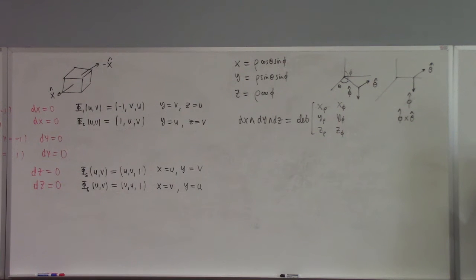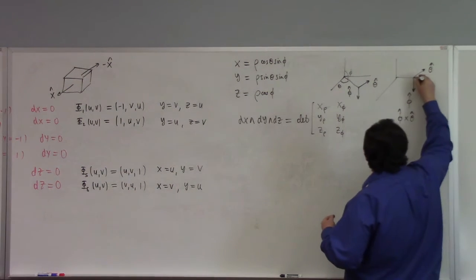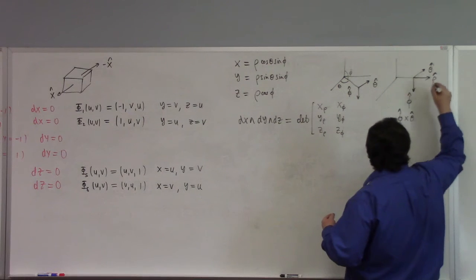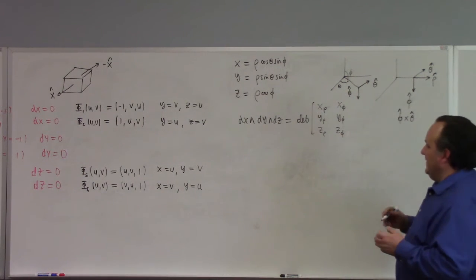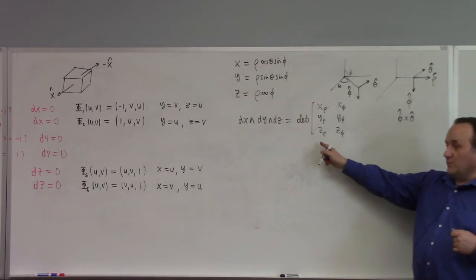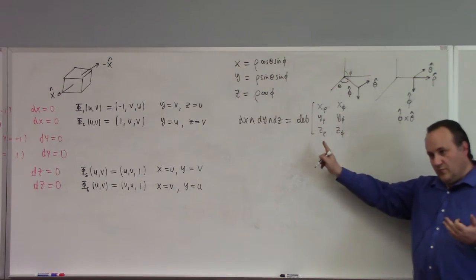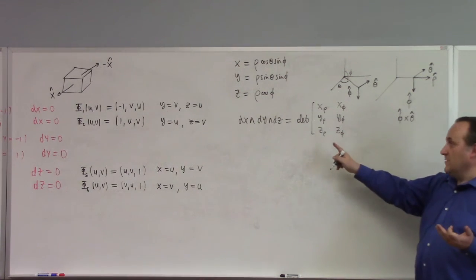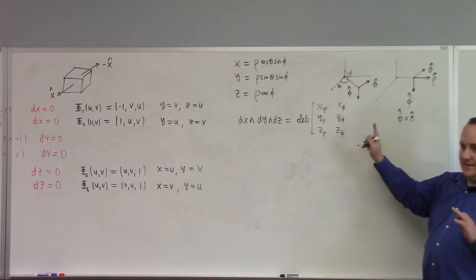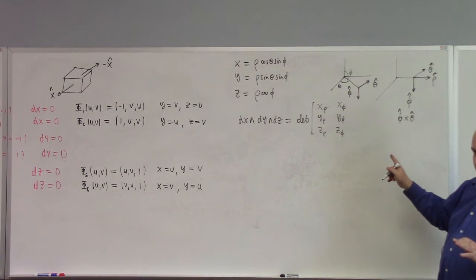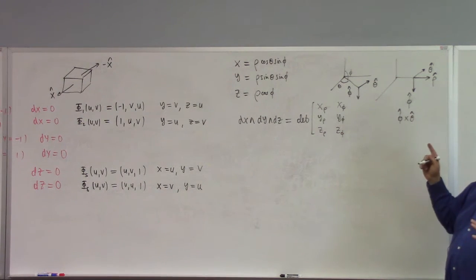Minus rho hat? Don't say that. No, it goes this way, which is rho hat. That is why I'm putting the order of the coordinates here as rho, phi, and then theta.